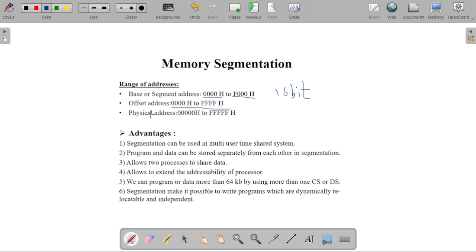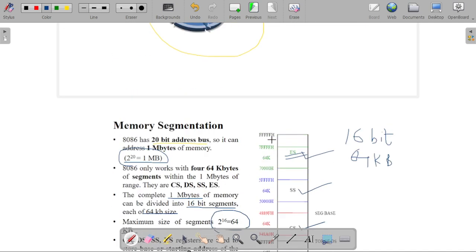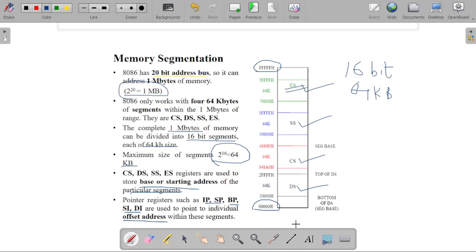And now the physical address range is 00000H to FFFFFH. So these are the starting and ending locations given for the base address, offset address, and the physical address. Our physical memory starts from 00000H up to FFFFFH. The whole memory is divided into different parts, and each segment has its own starting address and ending address.